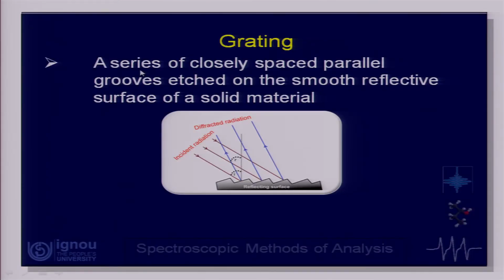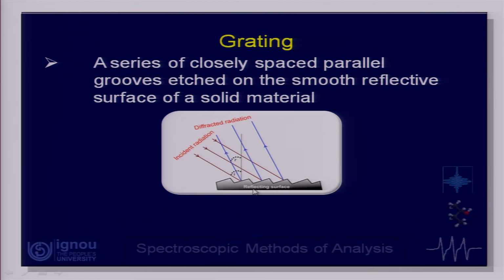Okay. Now, let us go further and talk about the second kind of monochromator, called a grating monochromator. To understand that, let us first understand what a grating is. A grating is basically a series of closely spaced parallel grooves which are etched down the smooth reflective surface of a solid material. Essentially, we have a material on which very fine grooves are cut.